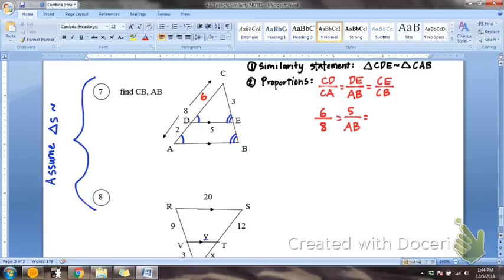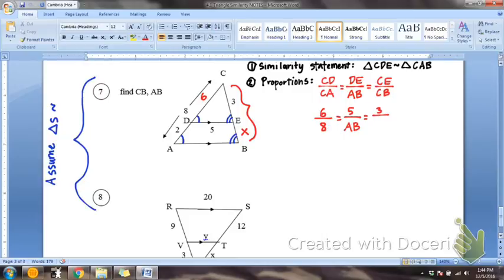And then CE is what? 3. We don't know CB. So what we're going to do to help us, we're going to call from E to B, we're going to call that X. Which means this whole thing right here could be represented by what?